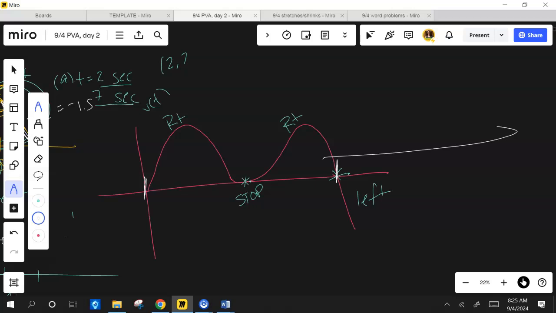I could say, where was he if this was 0, if this was 5, and if this was 10, and maybe this is 12. I could say, where was he at 0, and where was he at 10, and find that distance. But then I'd have to go in and find 12 also, and add that in, because it's going to give me a negative here, because it's moving backwards.